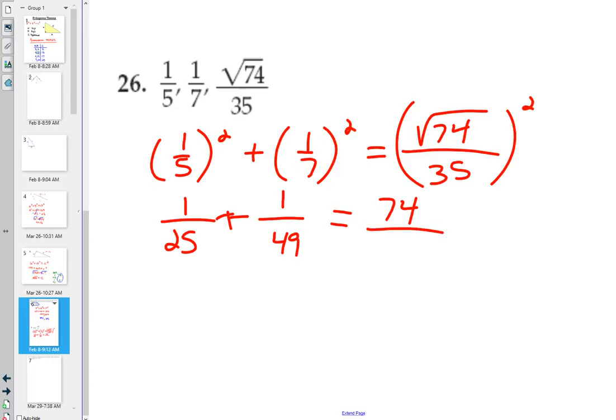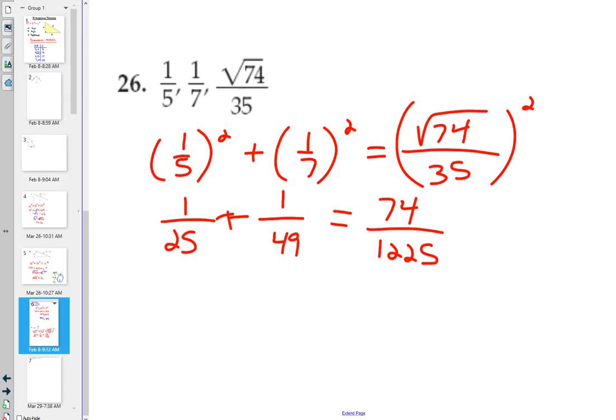I'm just squaring every number. 125. What is it? 1,000. 125? 35 times 35. You disagree that 35 times 35 is 1225?